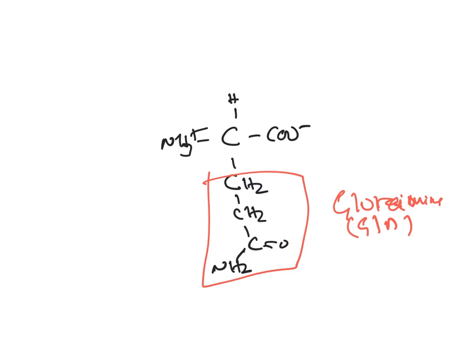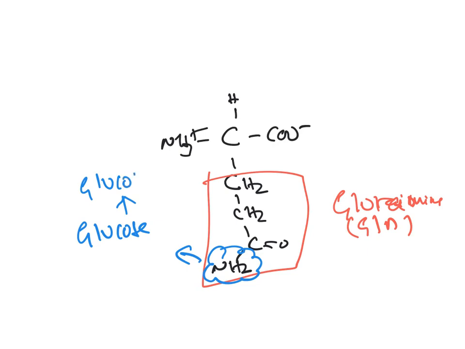Since glutamine has this amino group in the side chain, this amino group can be donated to make amino sugars. If the amino group is given to, say, glucose, that will become glucosamine 6-phosphate, and this glucosamine 6-phosphate will be converted into different types of amino sugars.